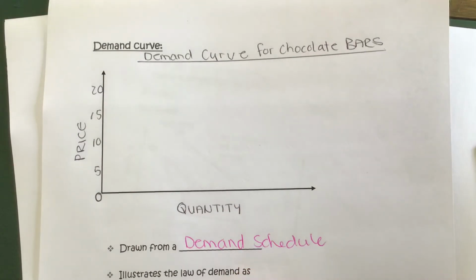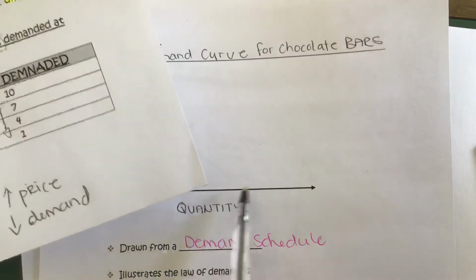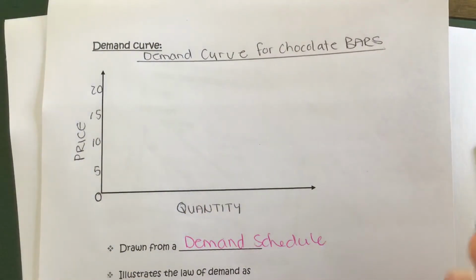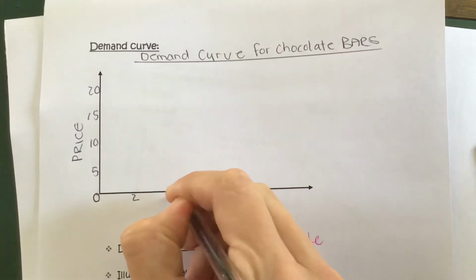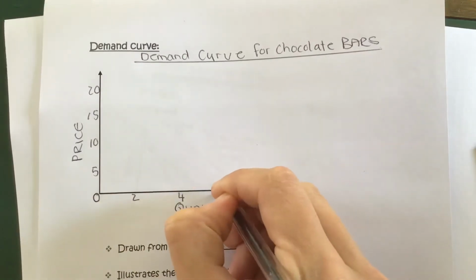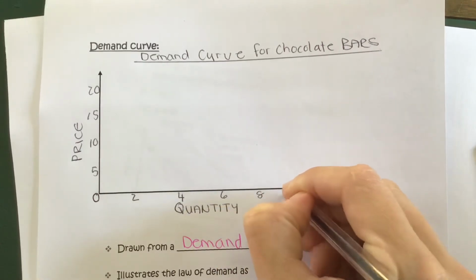And then we can do the quantity, and it's 1, 4, 7, and 10. But we can't obviously label 1, 4, 7, and 10. So let's label it in 2s. Okay, so we can go 2, 4, 6, 8, and 10.